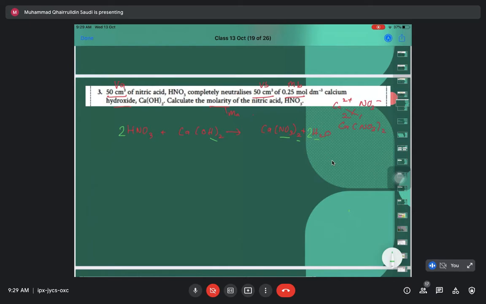So now it is balanced. So our A is 2, our B is 1. MaVa over MbVb equal to A over B. Ma, the one that we want to find, Va is 50, Mb 0.25, Vb 50 equal to 2 over 1.